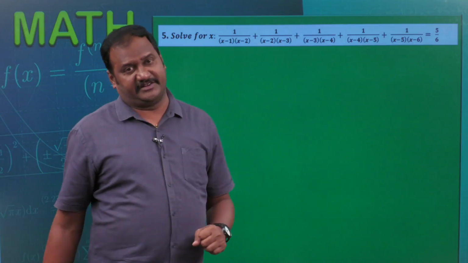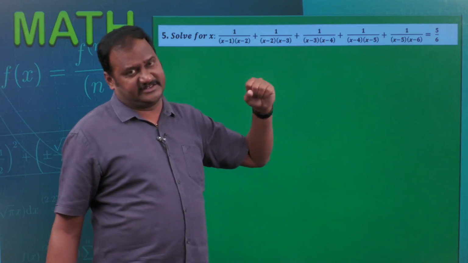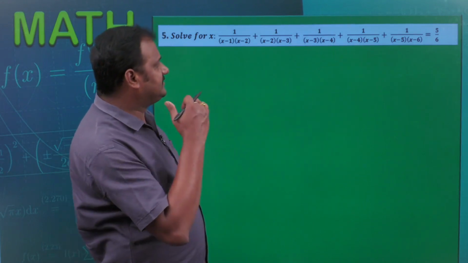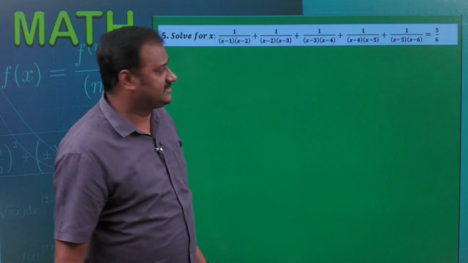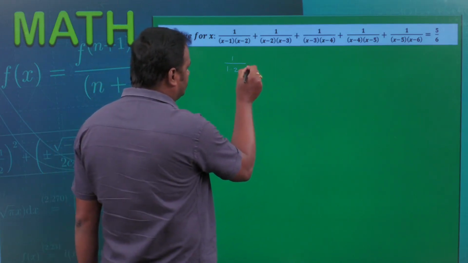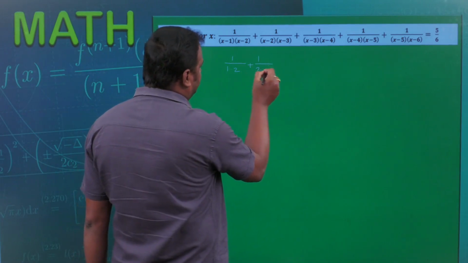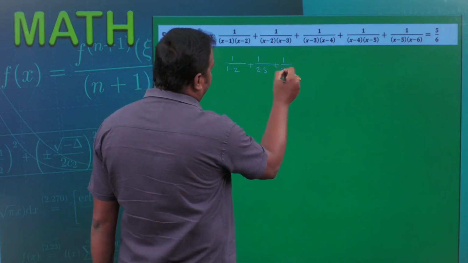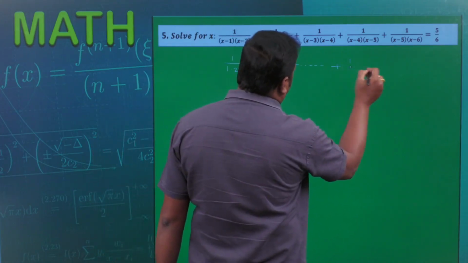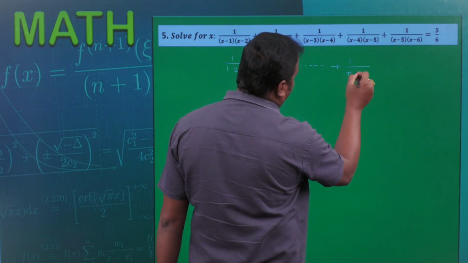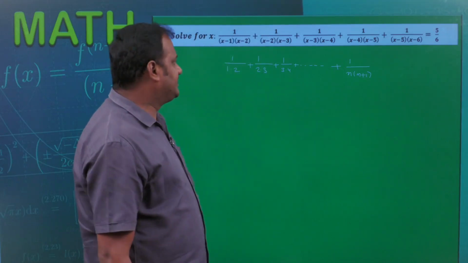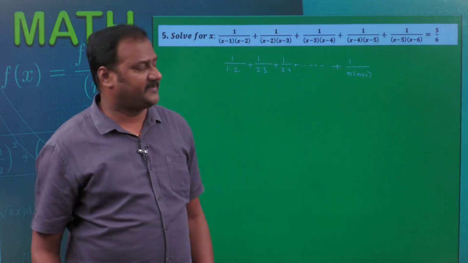So I can compare this with 1 divided by 1 into 2 plus 1 divided by 2 into 3 plus 1 divided by 3 into 4 plus so on plus 1 divided by n into n plus 1. Right? All the denominators are products of two consecutive numbers.